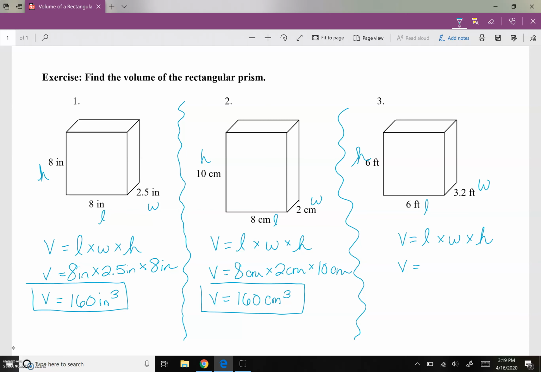Our length is going to be 6 feet times our width, 3.2, and times our height, 6 feet again. Using my calculator this time, I'll find that the volume equals 115.2, and our unit is cubic feet.